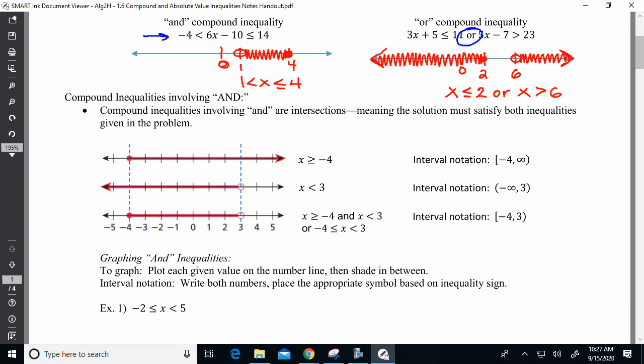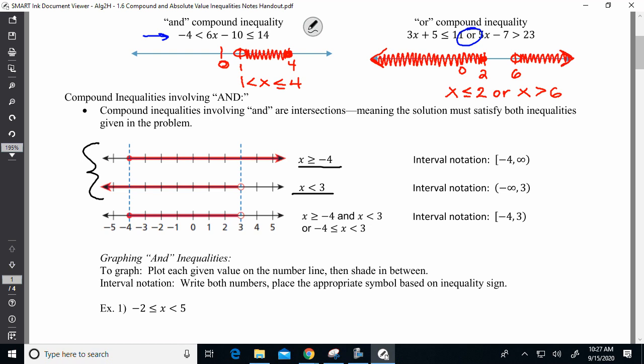So let's start with an "and" inequality. "And" inequalities are simply two inequalities put together. So you have x is greater than or equal to -4, x is less than 3.